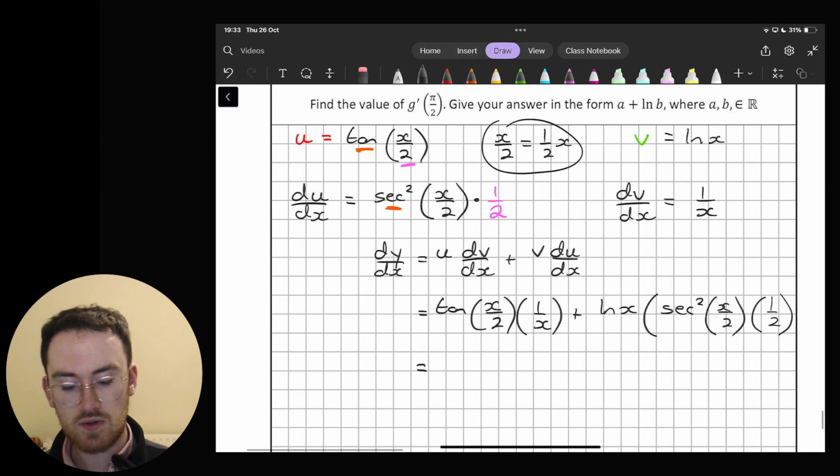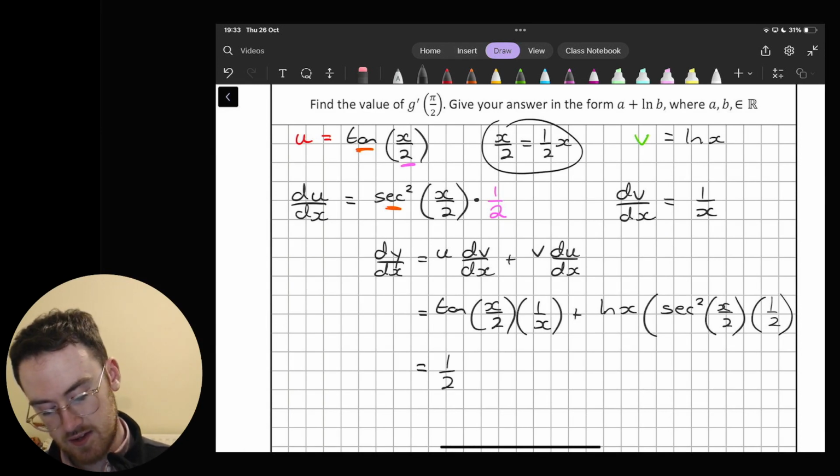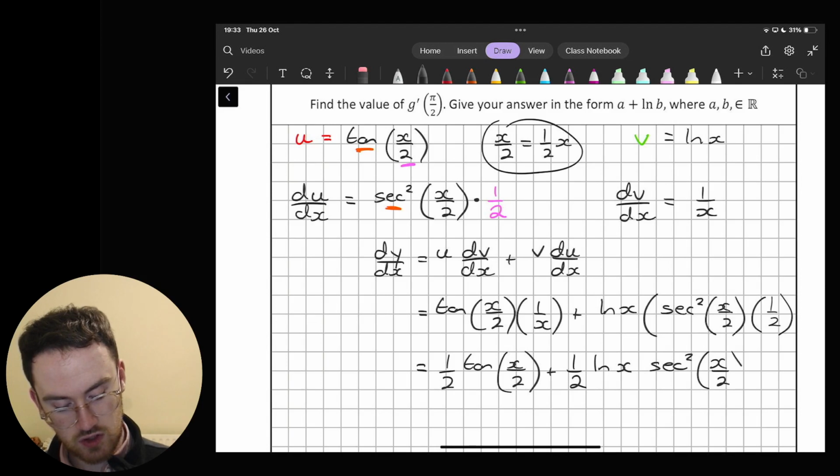Okay, so let's put it all together, I suppose. So I will have half tan x over 2 plus a half ln of x sec squared x over 2.